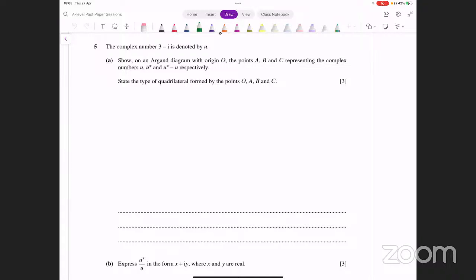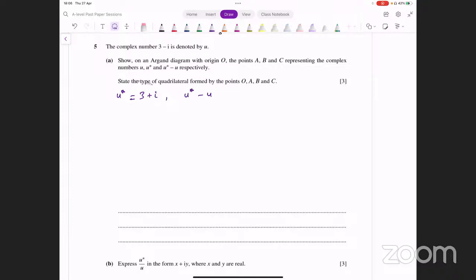Now we can write down those points first of all. U is 3 minus iota. What about u conjugate? U conjugate क्या होएगा? 3 plus iota. What about u conjugate minus u? We can evaluate this as well.